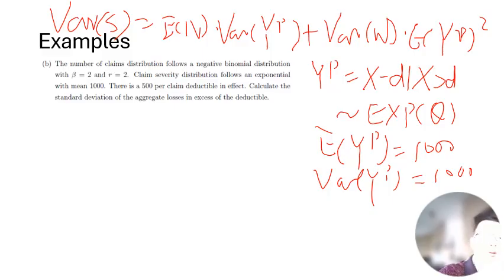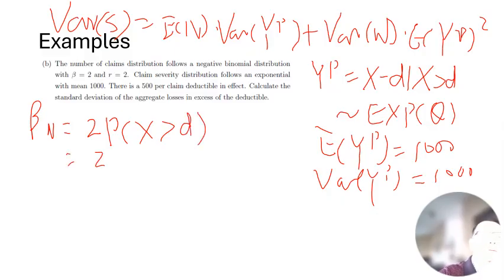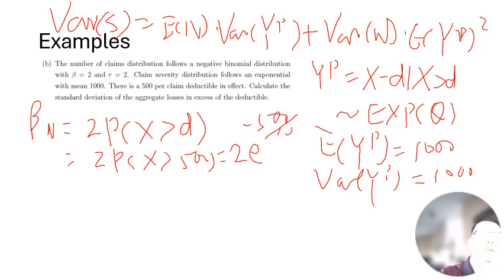Now for the frequency, the number of claims follows a negative binomial distribution. So beta star will be 2, probability X greater than D, which is equal to P(X greater than 500), will be equal 0.5. This is just the formula here.